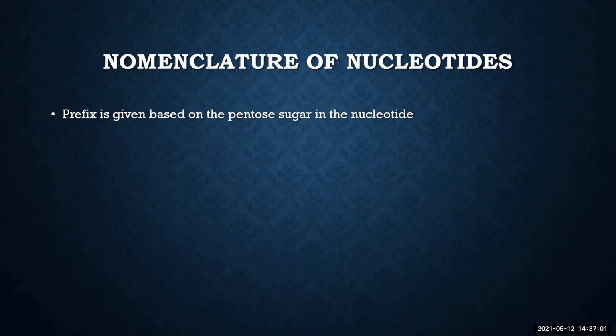Based on the type of nucleic acid we have, there are two types of pentose involved in forming nucleotides. Number one is ribose sugar. Another one is deoxyribose sugar. That's why we call it DNA, deoxyribonucleic acid, and RNA, ribonucleic acid. So these names come based on the pentose sugar.